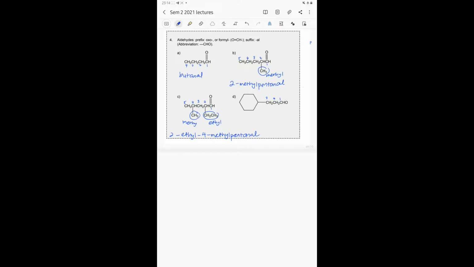So this will be propanal. At carbon number 3 here, this will be the substituent called cyclohexyl, 6 carbons. So the name for D will be, make sure you state the position of the carbon that is attached to the cyclohexyl, so it is 3-cyclohexylpropanal.